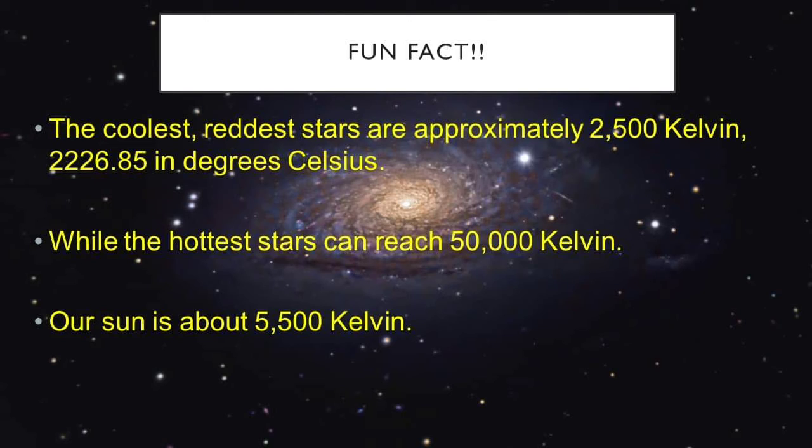If we convert it to degrees Celsius, it is 2226.85 degrees Celsius, which is very, very hot. While the hottest stars can reach 50,000 Kelvin. Imagine, the coolest star is 2500 Kelvin, and the hot stars can reach 50,000 Kelvin. So our sun is about 5500 Kelvin.